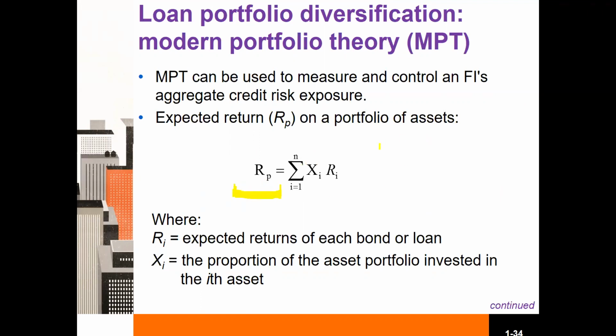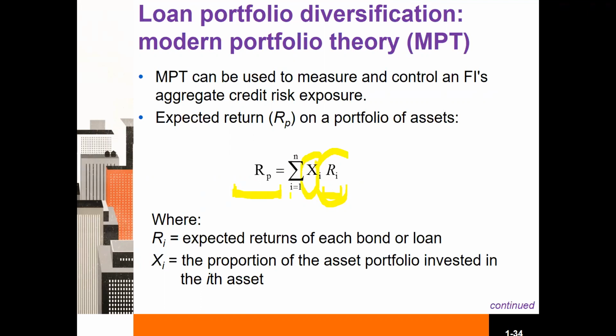Let's say that this portfolio consists of bonds that are publicly traded. So you have the price data, you calculate returns, and each of these returns is multiplied by the corresponding weight of that bond or asset in the portfolio, and we sum them up so we get the expected return on the loan portfolio.